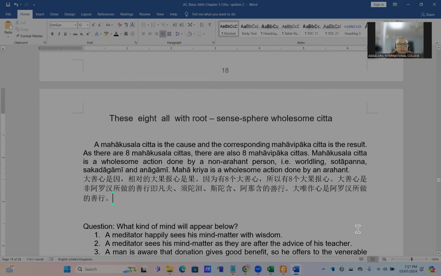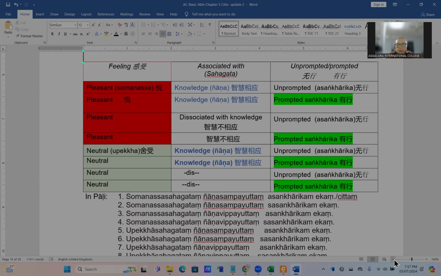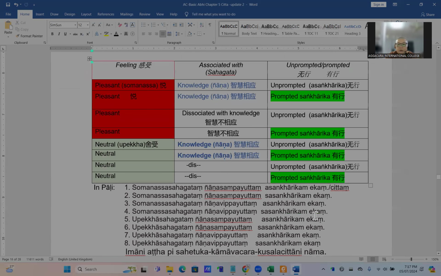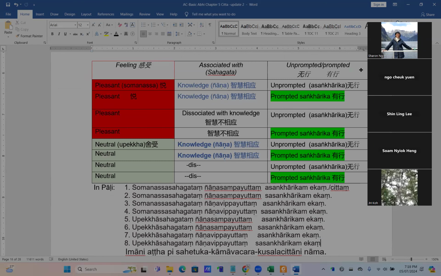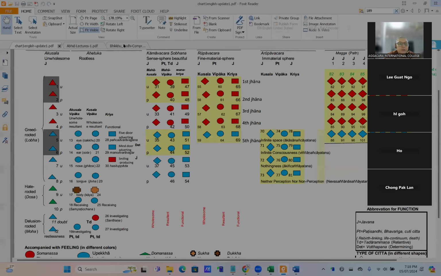Okay, all right. So any question up to this point, just before we go to the Bhikkhu Bodhi book? Any question? Okay. To understand more about knowledge, we need to read the Bhikkhu Bodhi book first.